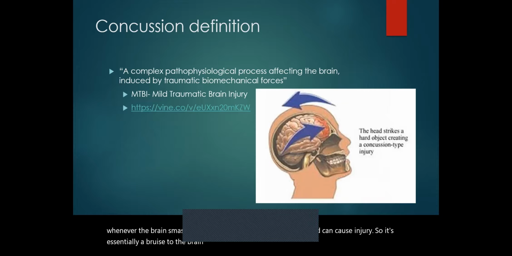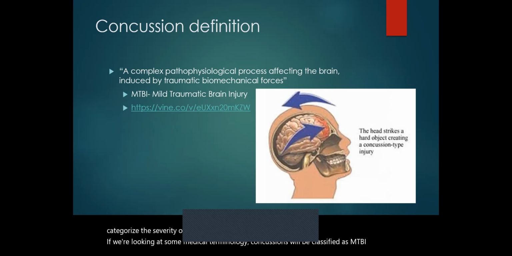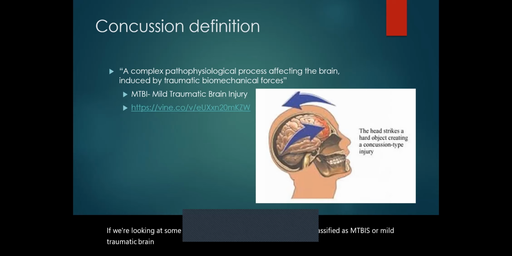Now, with any type of head injuries, there are different scales to categorize the severity of this. If we're looking at some medical terminology, concussions will be classified as MTBIs, or mild traumatic brain injury. Now, no brain injury is necessarily mild, right? We don't want to ever injure our brain, but concussions more on that mild scale, while when we're talking about traumatic brain injuries, this would be something that results in a lot more lifelong issues.